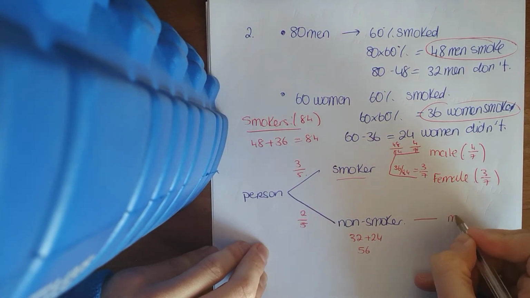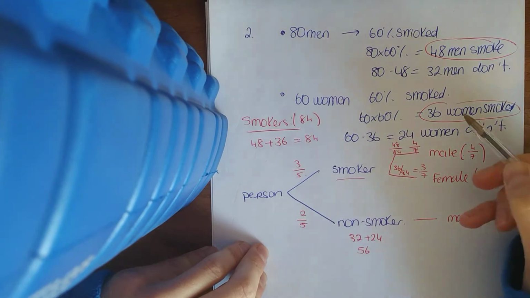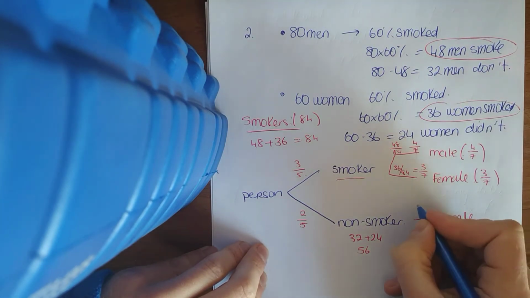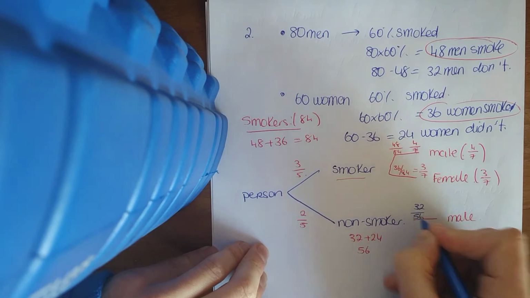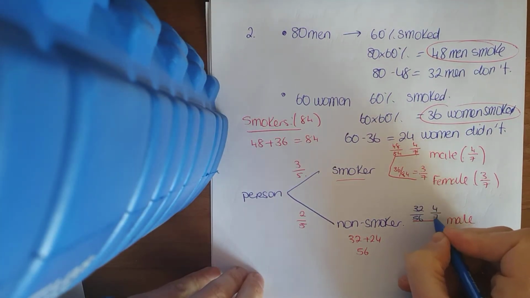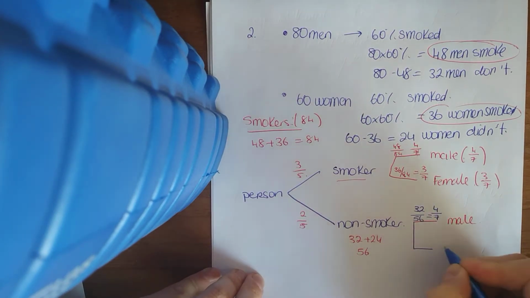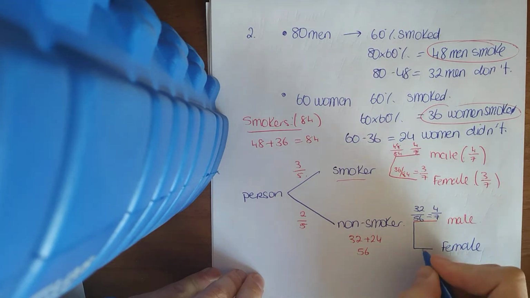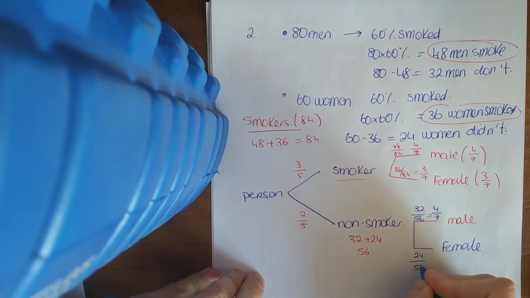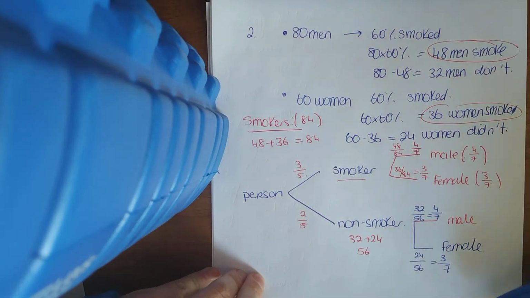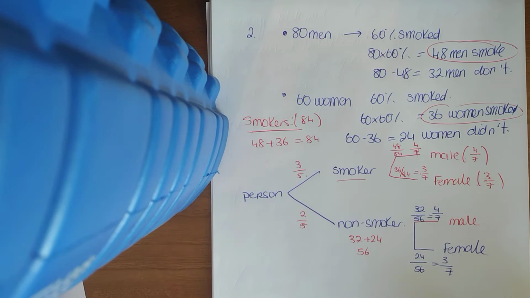So for being a man non-smoker, it's 32 over 56. Throw that into your calculator, we get 4/7 once again. And for being a woman non-smoker, it's 24 over 56, and that should give us 3/7 once again. So 4/7, 3/7, 4/7, 3/7, in case you can't see it.